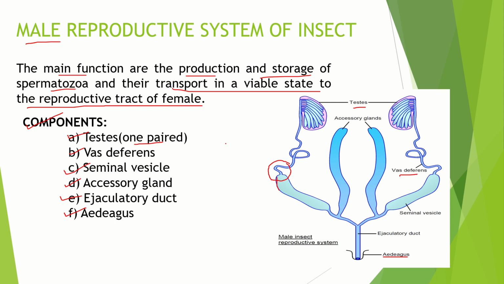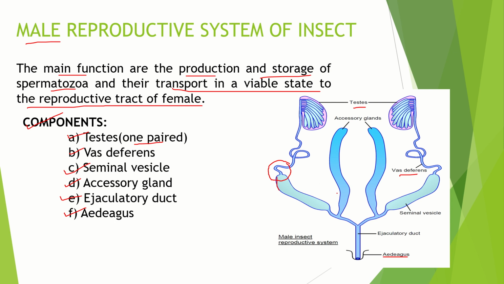What is the function of the seminal vesicle? They store the spermatozoa. In the testis, the spermatozoa are produced. After production, they transfer to the vas deferens and are stored within the seminal vesicle.